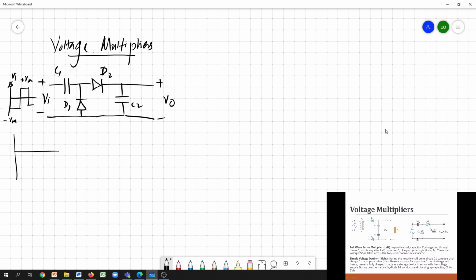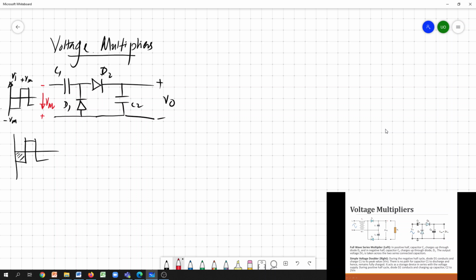I'm referring to this block. So we have this kind of input, and this is the voltage across the input terminal, Vm.